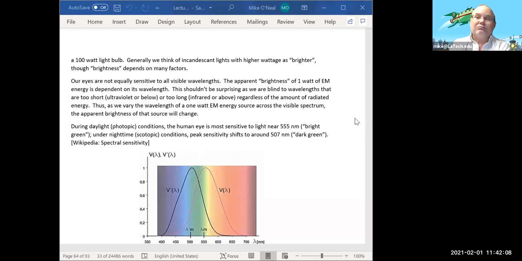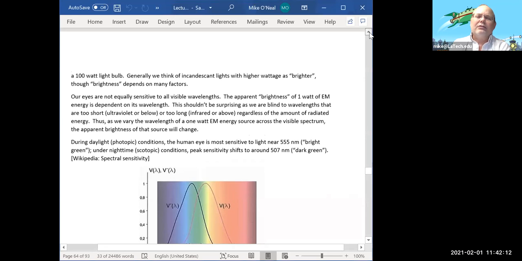Now, why is that the case? Well, because your sensitivity to light varies based on wavelength. And you might say, well, that seems weird, Mike, but it shouldn't seem weird at all. It should actually seem like it has to obviously be that way. Why do I say that?